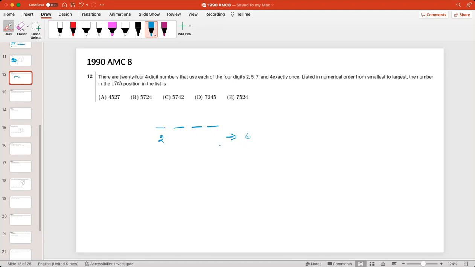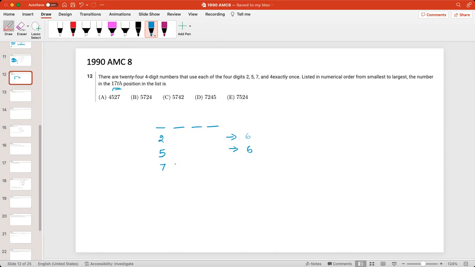Because I'm going to arrange them in numerical order, that's why I'm putting 2 first, then I'm going to put 5. In this case also there are 6 possibilities. Now I'm going to take 7. See, 6 plus 6 is 12. 7 will also have 6 possibilities. So we want the fifth number of the 7s. That will be my 17th position.